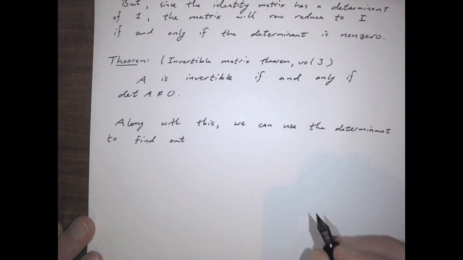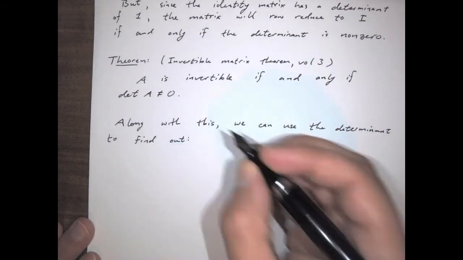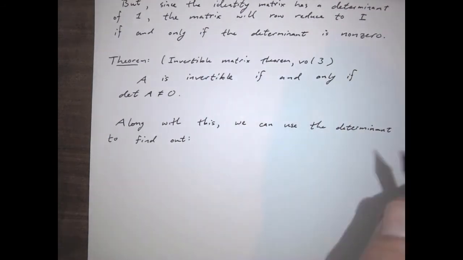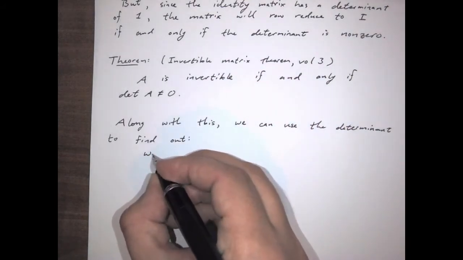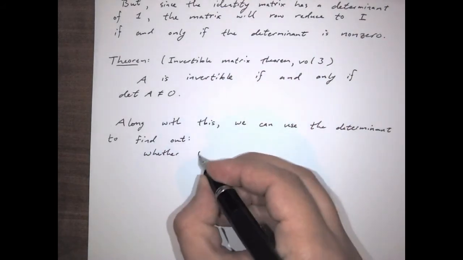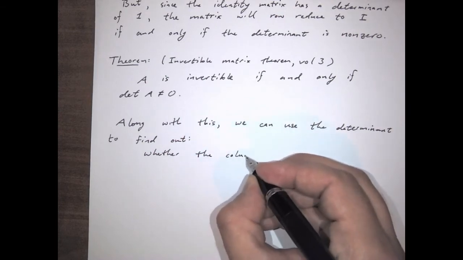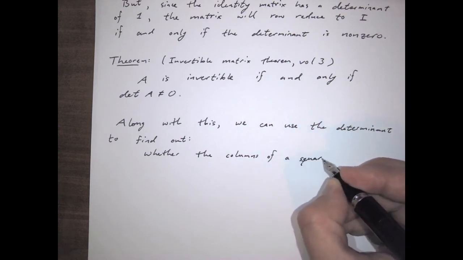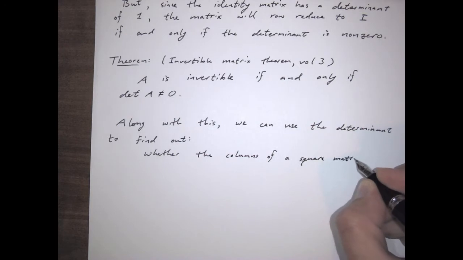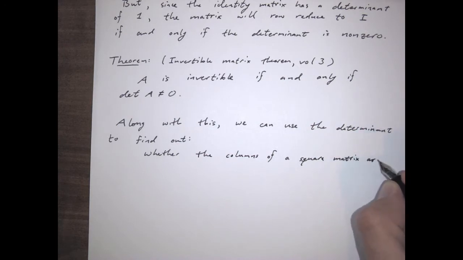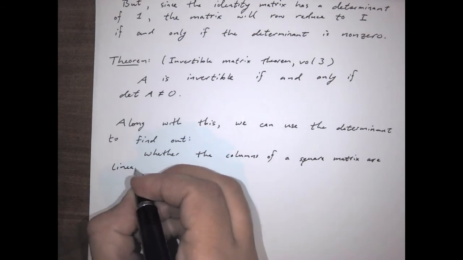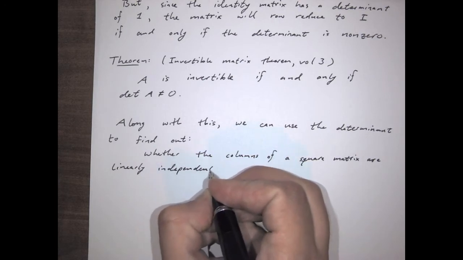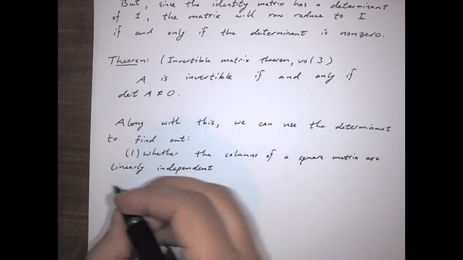For example, such things as whether the columns of a matrix are linearly independent or not. So that's one thing. 2.